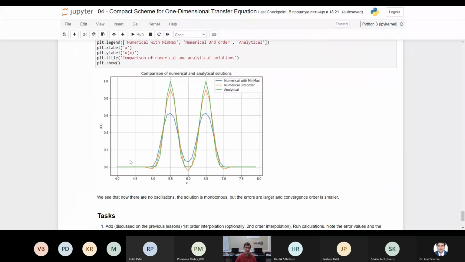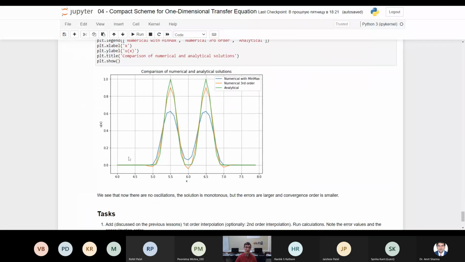However, if we compare the plots, we can see that the numerical solution without monotonizers is much better in terms of the amplitude, but it has negative values, which are probably non-physical, because the physical quantity in question should not have any negative values. It can only be positive. And the numerical solution with the min-max limiter results in this blue line.